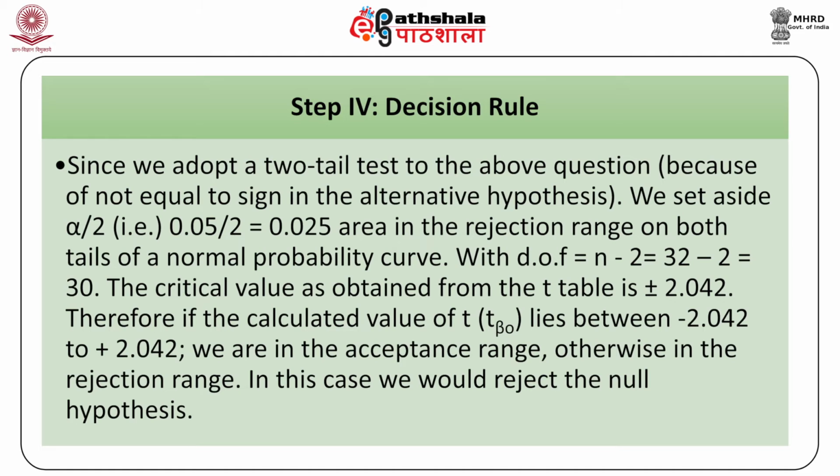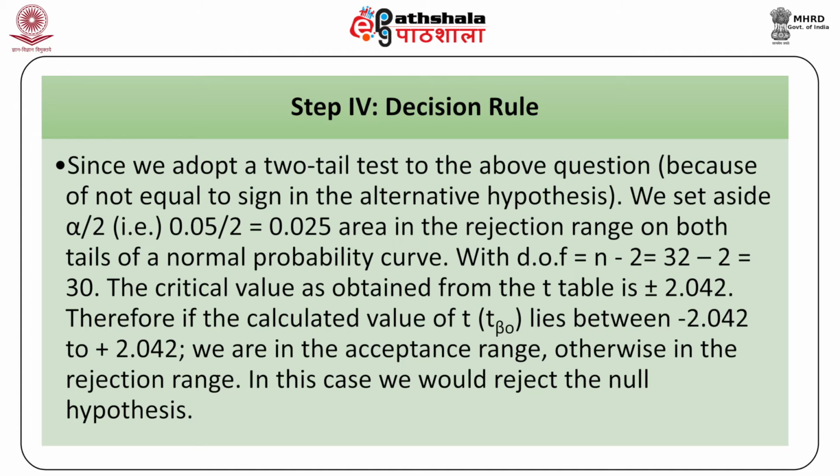Since we adopt a two-tailed test for the above question because of the not equal to sign in the alternative hypothesis, we set aside alpha by 2, that is, 0.05/2, which is equal to 0.025 area in the rejection range on both tails of a normal probability curve, with DOF, the degrees of freedom, equal to n minus 2, which is 32 minus 2, equal to 30.